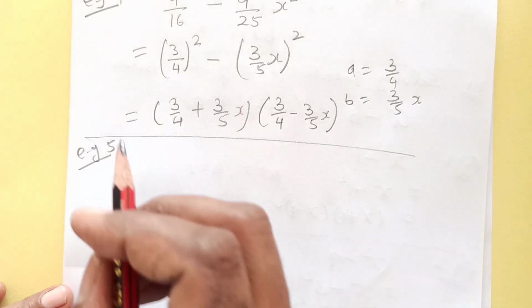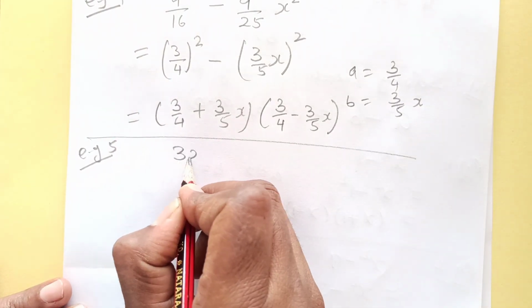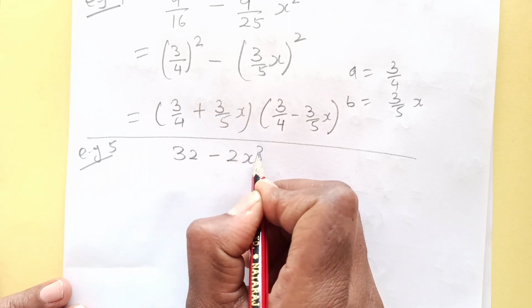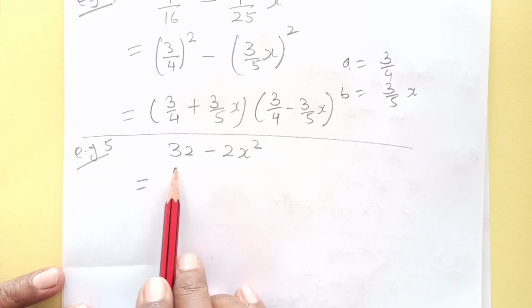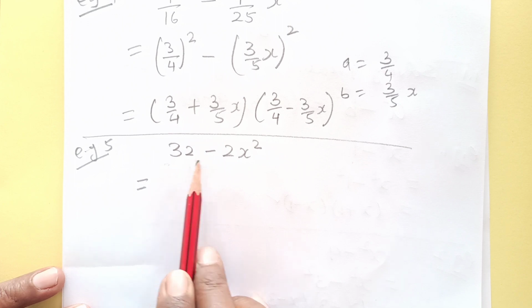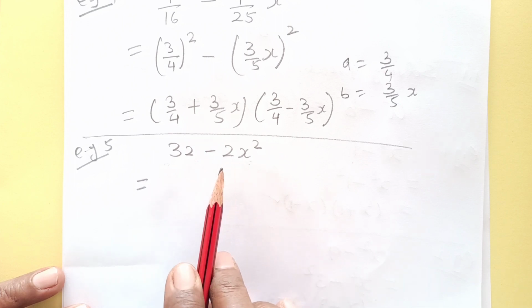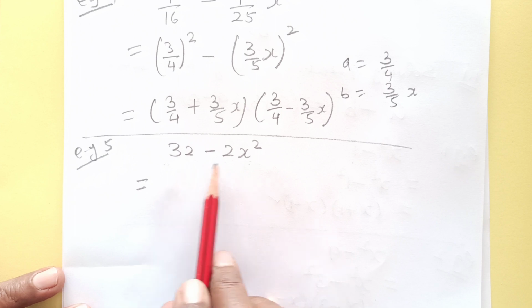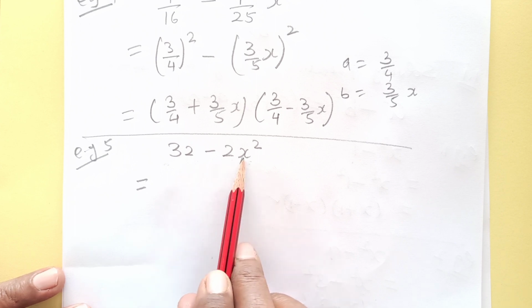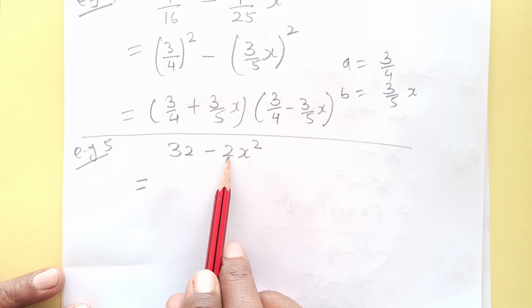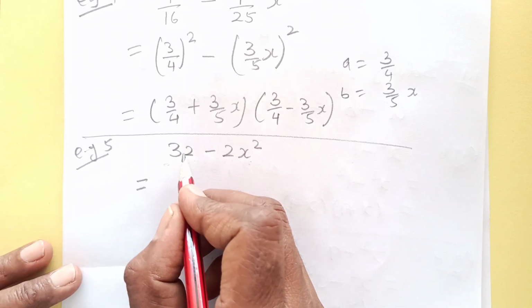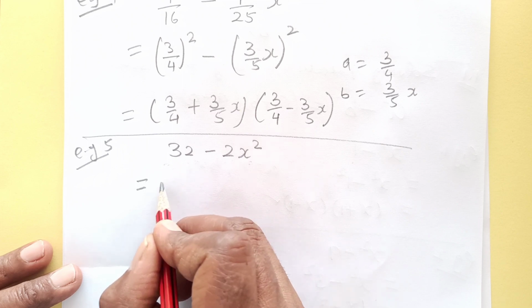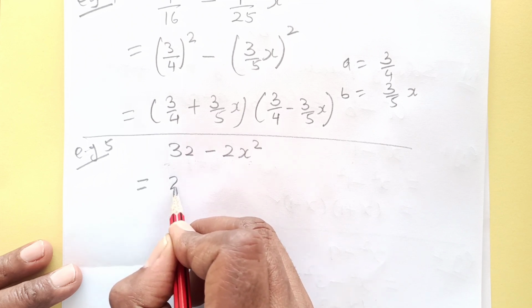Let's consider another example. Let's say we have 32 minus 2x squared. Now what do you think? Do you see like you can convert 32 as a square number or 2x squared as a square number? So if you see directly, you can't convert it. But we can do a little modification, or you can say little changes in the equation, writing in another way.